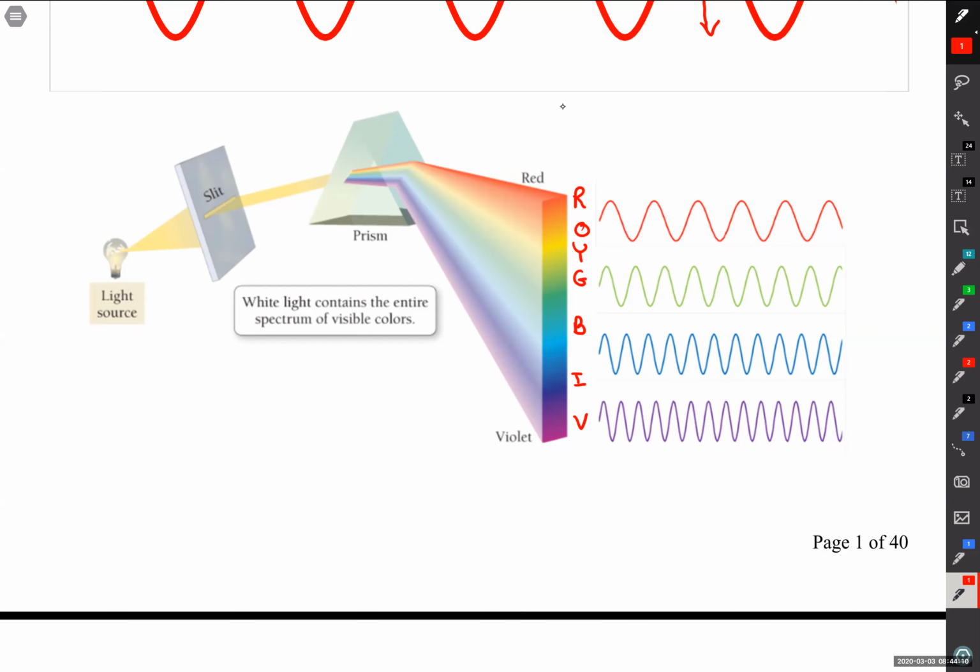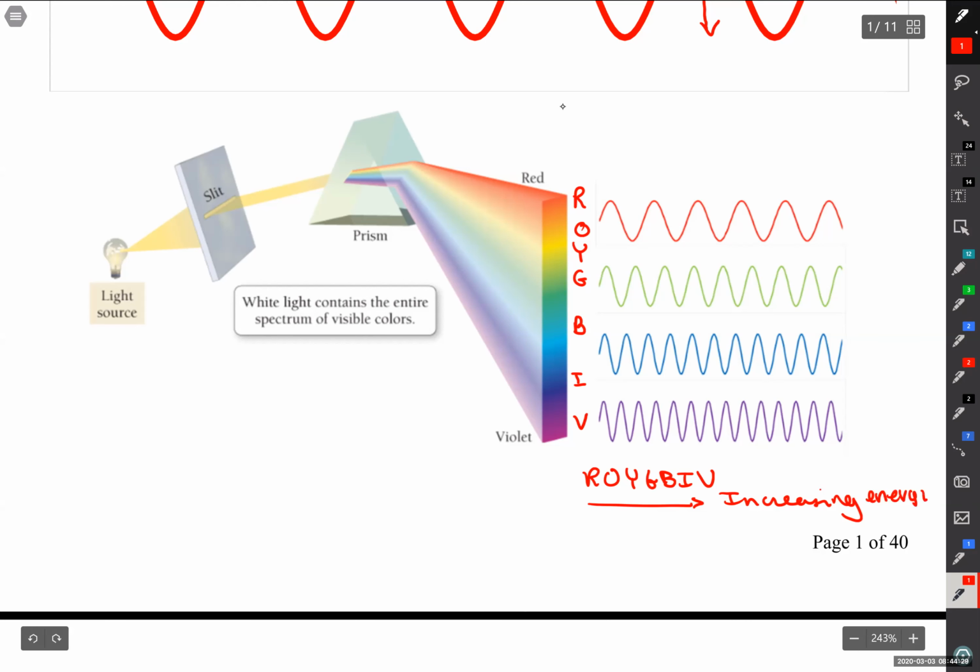So Roy G. Biv is increasing energy. Now, that's shorter wavelength, higher frequency. I'll say shorter lambda and then increasing frequency.